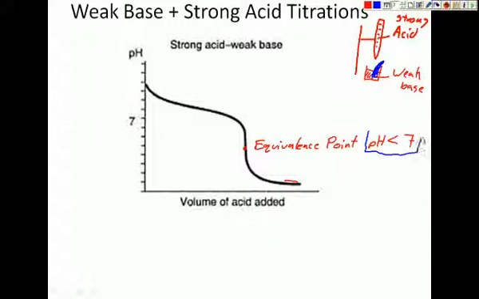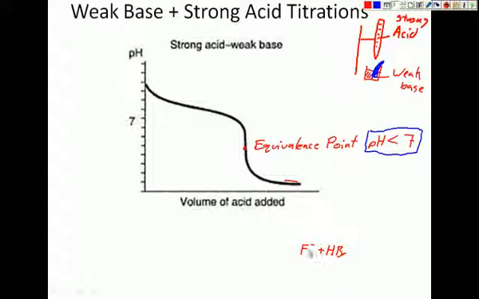Now, a question is, why does it have a pH less than 7? Well, let's think of an example here. Say if we had an example of a weak base, like F-. Okay? And we titrated it with a strong acid, like HBr. Okay?